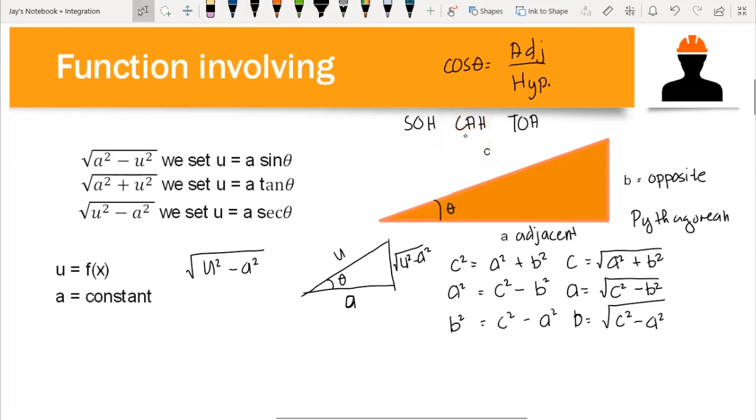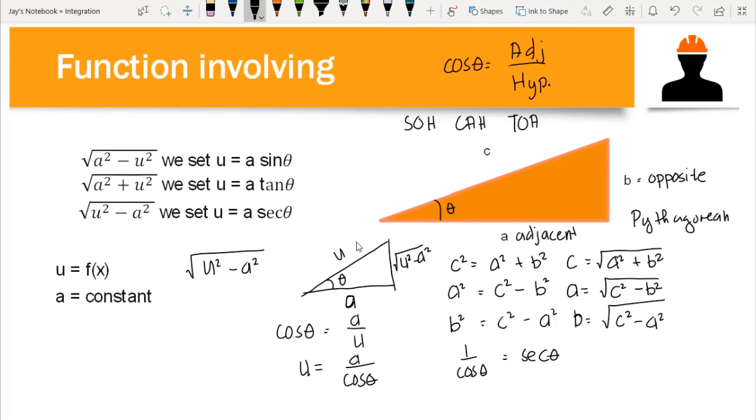Cosine of theta is a over u, so we could say that our u here is equal to a over cosine theta, and we know that 1 over cosine theta is equal to secant theta. So our u is equal to a secant of theta.